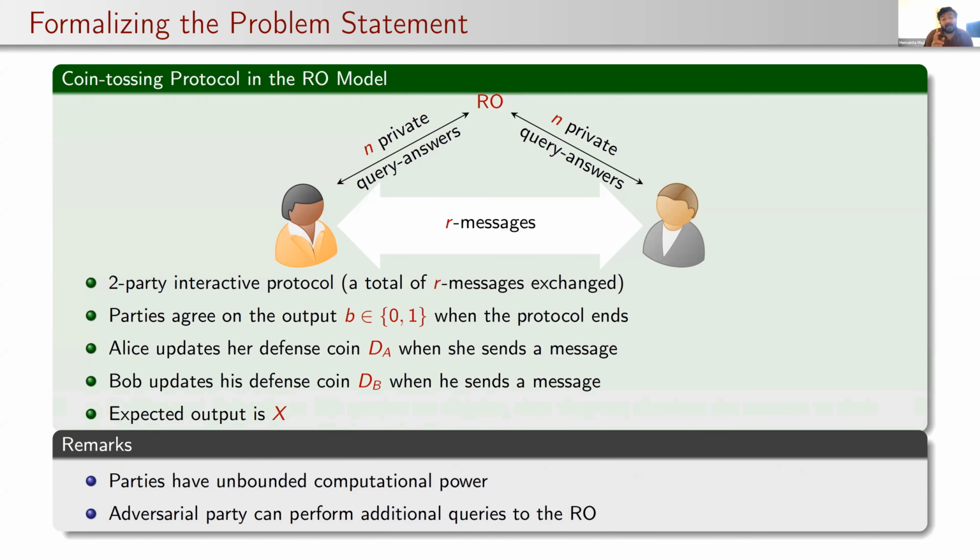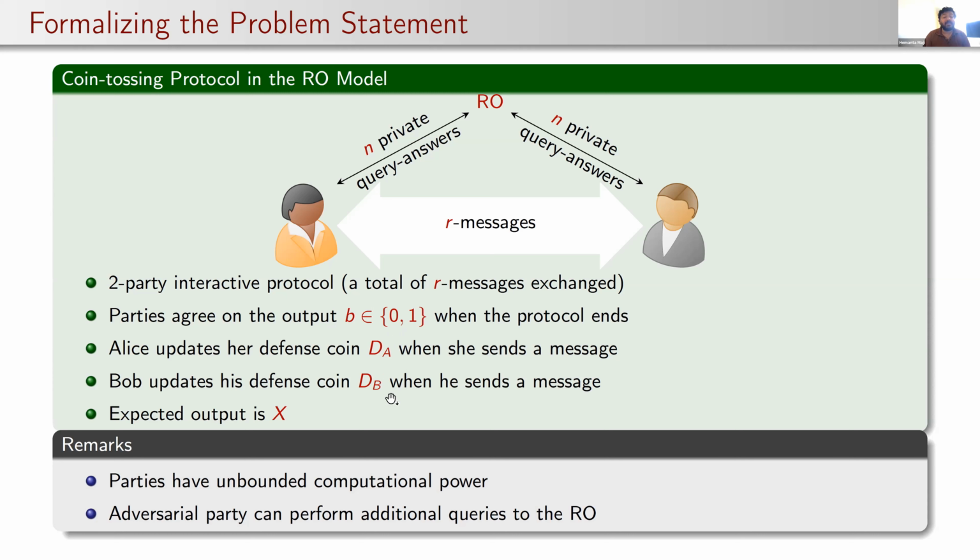So a coin tossing protocol in the random oracle model has the following structure. We have two parties, Alice and Bob, who are interacting over an R-round protocol, and each of them can ask n private queries to the random oracle. At the end of the protocol, both parties agree on the output B. And if at any point in time, let's say Bob aborts, then Alice outputs a bit known as her defense bit, represented by DA.